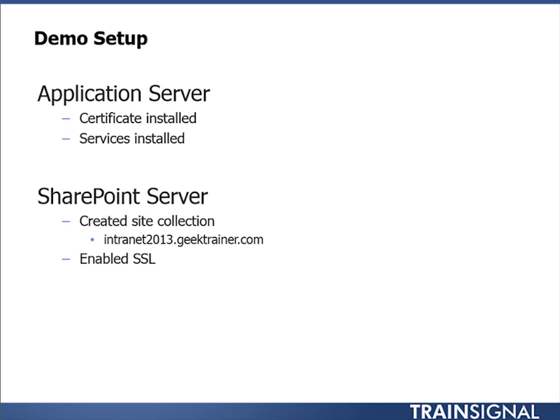So I've already got my certificate services, and I've already got my certificate installed on the application server and on the SharePoint server. And again, like I mentioned, I've already enabled SSL. Let's take a look at how to do the install and the setup of our Office Web Apps.